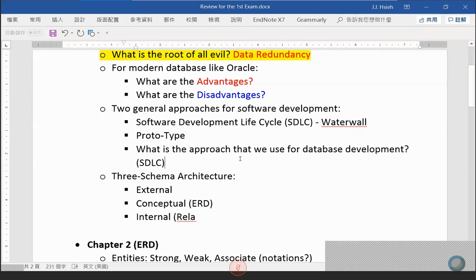I think the less important component of chapter 1 is the three schema architecture. I explained the first schema, the external schema. It is how different departments and database users look at the database.